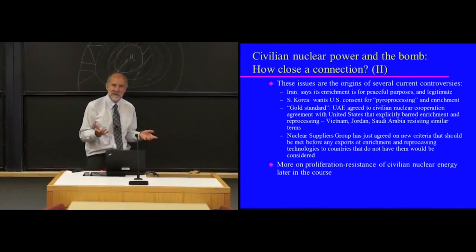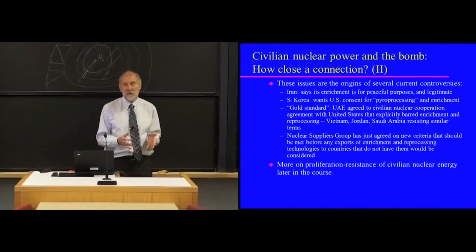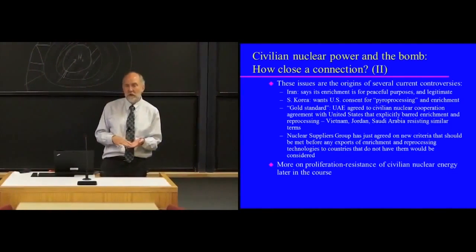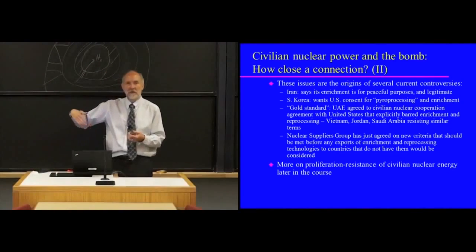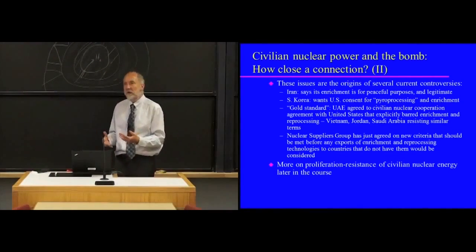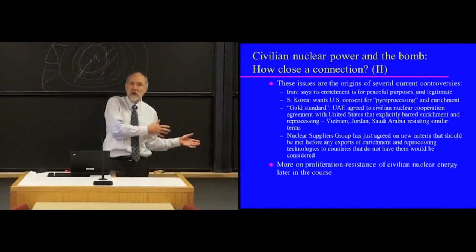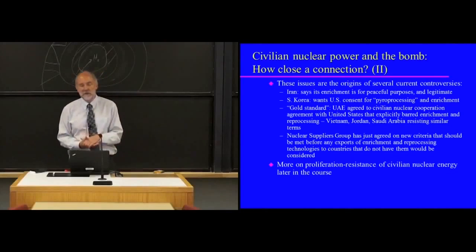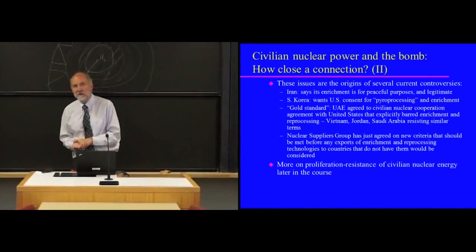And the United States is reluctant, fearing that that might increase the proliferation risk in South Korea, that it might make it impossible to convince North Korea to stop doing those things, or that it might make it more difficult to convince other countries beyond South Korea not to establish their own enrichment and reprocessing capabilities.